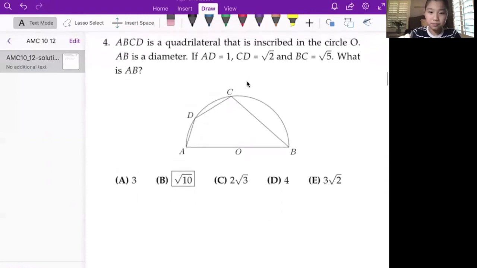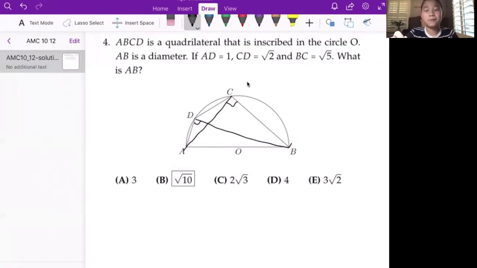So let's think about how we can use this. Let's draw the diagonals because they're an essential part of the theorem. And then we see that they're right angles, like we said in the last solution, in solution 1.